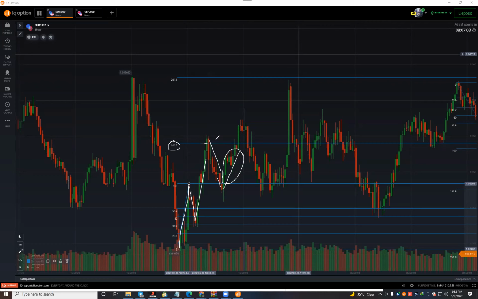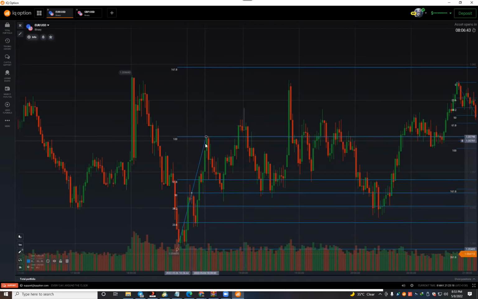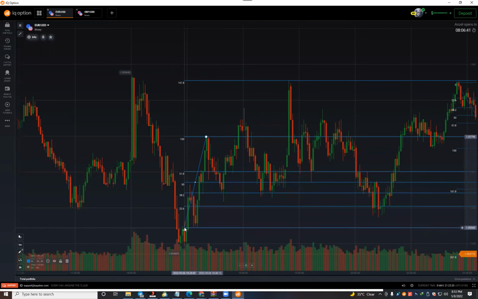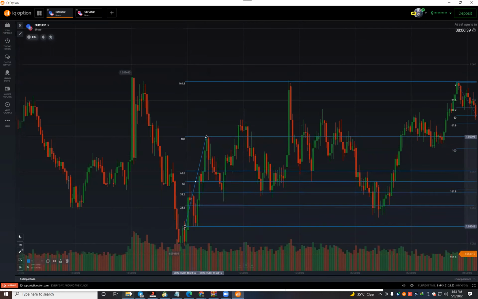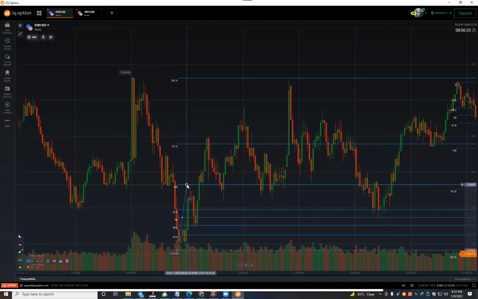In a ranging market, it will give you too many trades. But in a trend, maybe you will get very few trades. So this will be your trade. And then again, if the price is moving up and you want to select this level, you select this low. If we are increasing to the new high, which high?